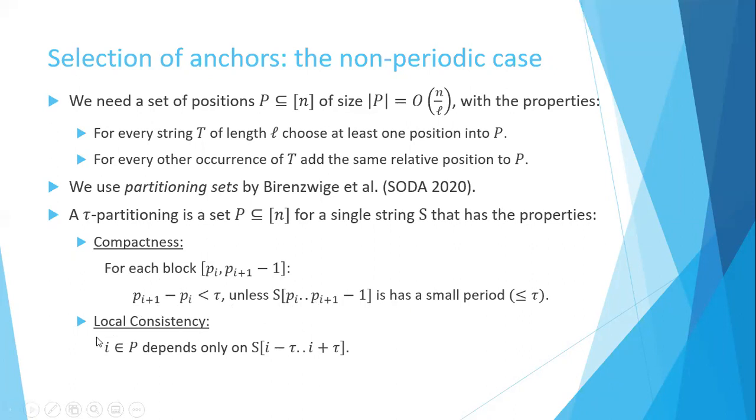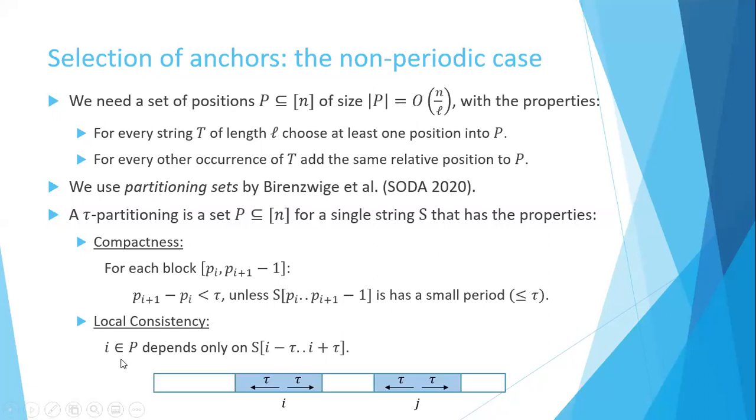The second property is local consistency, which means that whether i is inside P depends only on the block, only on the area around i. So for example, if i here is taken into P, and j here has exactly the same area around it, then j has to be inside P as well.